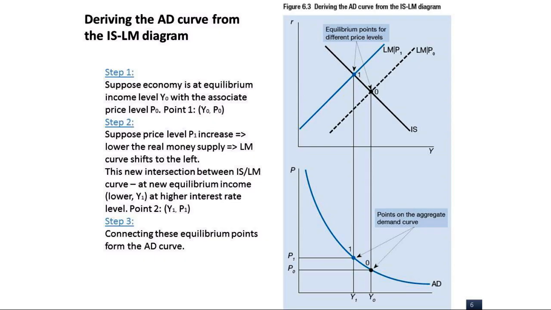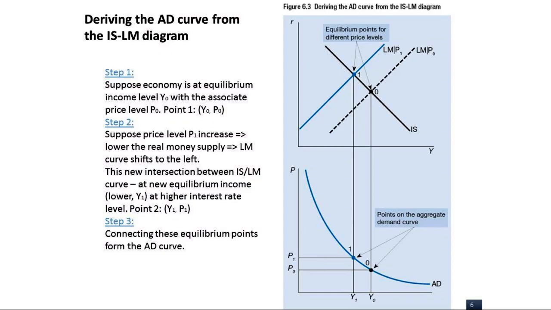You can also use the ISLM-BP, and now it's a story of the real demand for money and the real supply of money that lies behind the LM curve. So at an initial equilibrium P0 and the income level Y0, you can have an equilibrium, but then if prices go up to P1, the LM curve moves to the left and the level of income is lower at this higher price level.